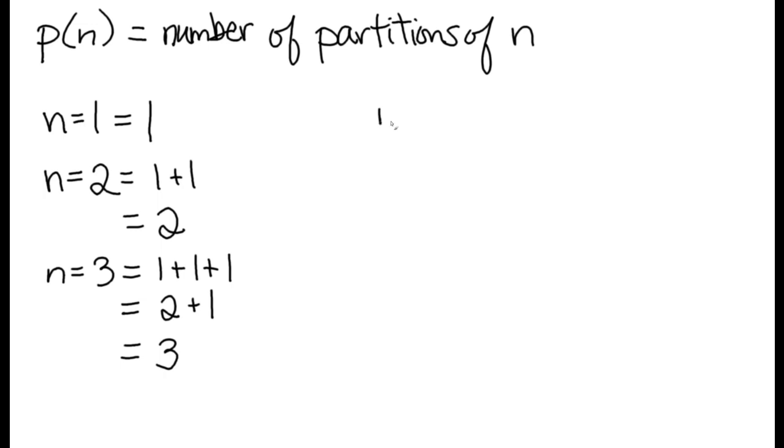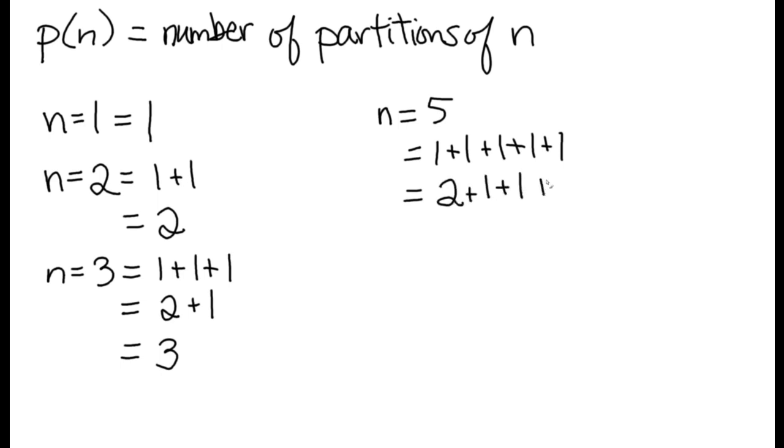I believe the example that Hardy does in the film is n equals 5. So how can we break up 5? Well, we can do 1 plus 1 plus 1 plus 1 plus 1. We can do 2 plus 1 plus 1 plus 1. We could do 2 plus 2 plus 1.